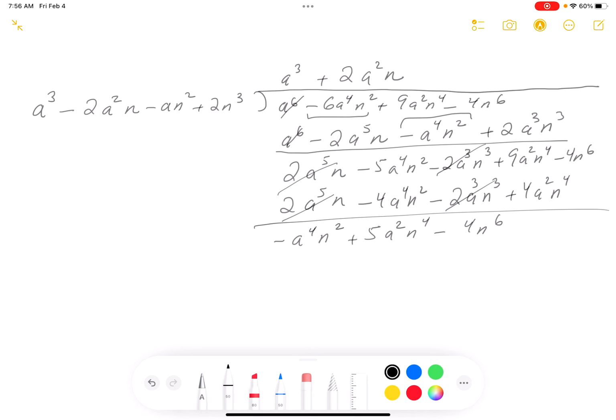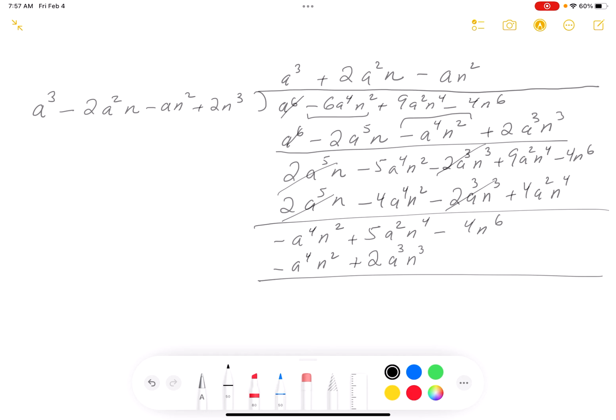Right, another matching game. And I'm going to say minus, let's see, an squared now. All right, let's see what we get over there. What do you get? Well, let's write this down. So you're going to get minus a^4 n squared plus 2a cubed n cubed.